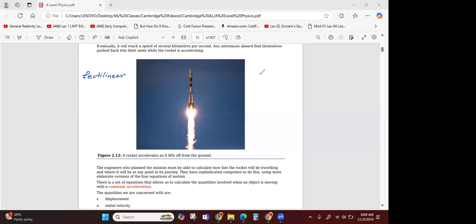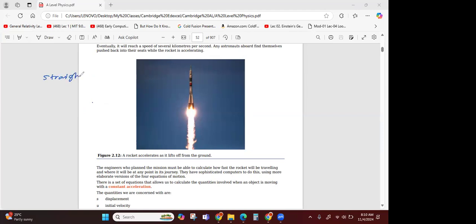Within brackets, you can write straight line motion. So you can call it rectilinear or straight line motion. When an object travels with a constant acceleration, we say that the object is in a rectilinear motion or straight line motion.